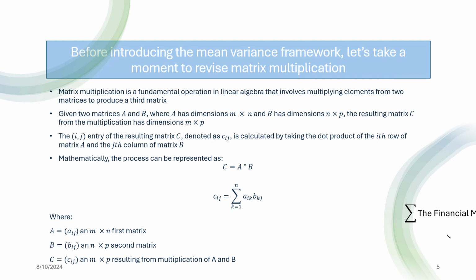And then after multiplication, the resulting matrix C, which is a combination of elements C, row i, column j, is an m row by p column matrix as a result of this multiplication of A and B.